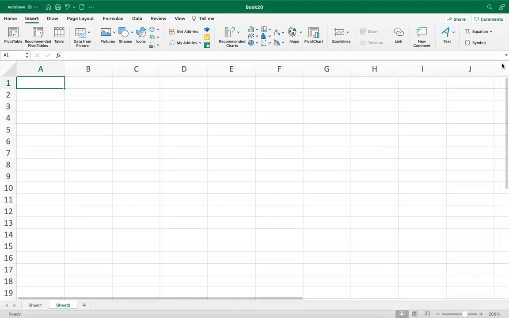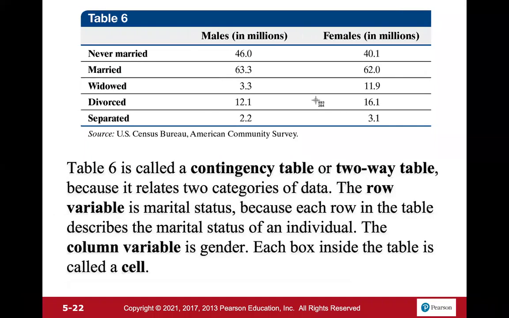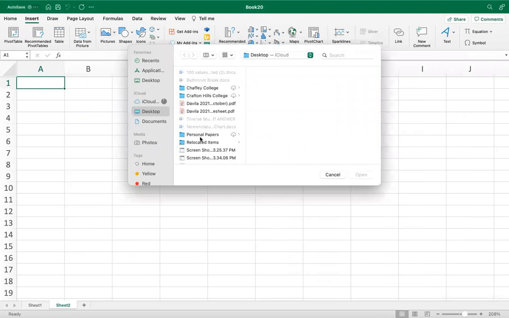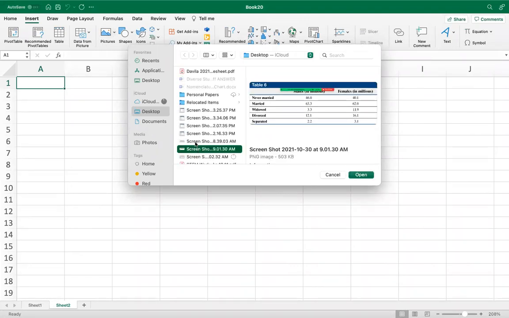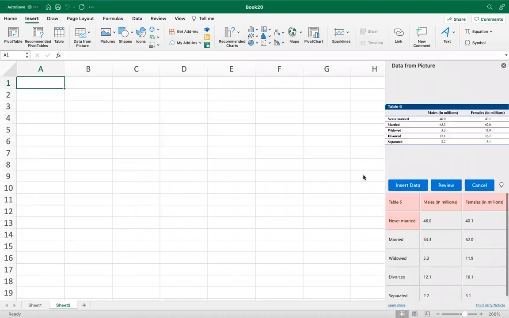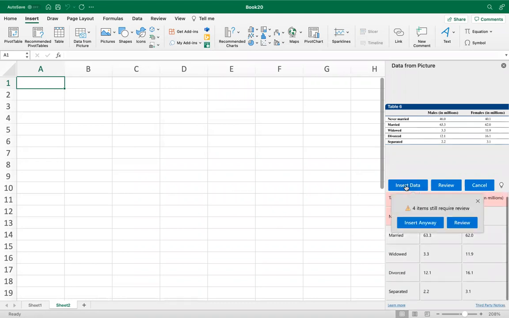Let's get a better picture. Better. All right, much better.